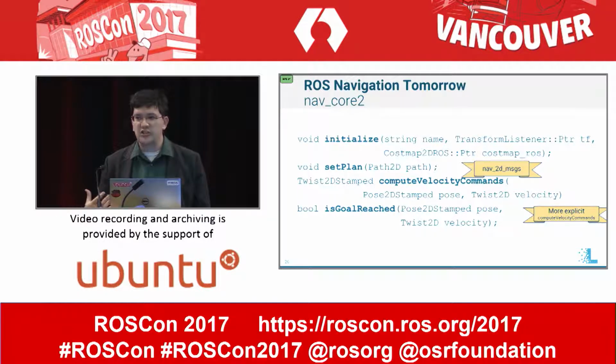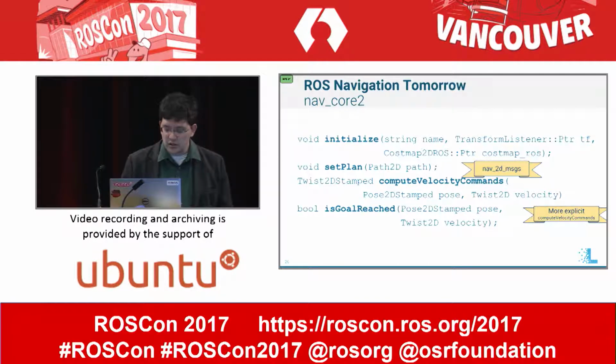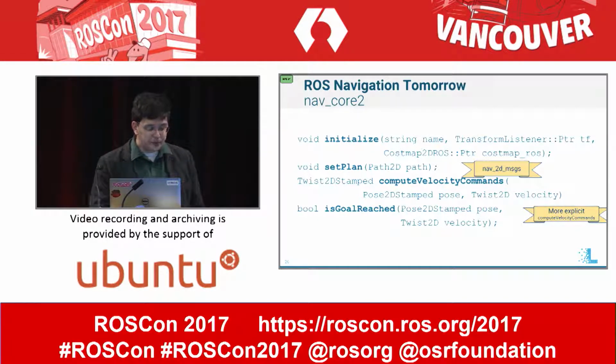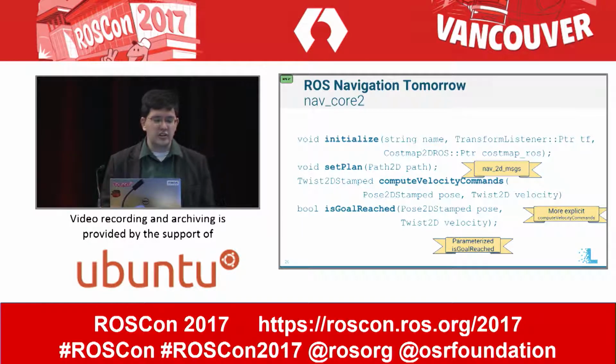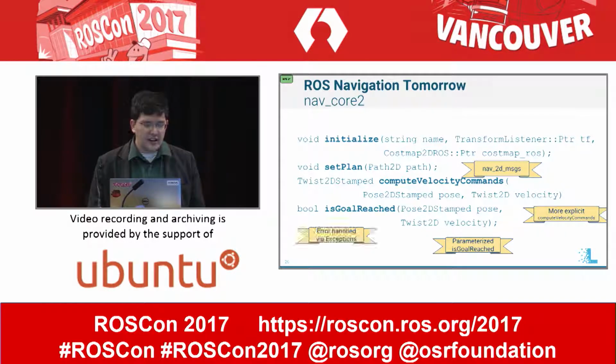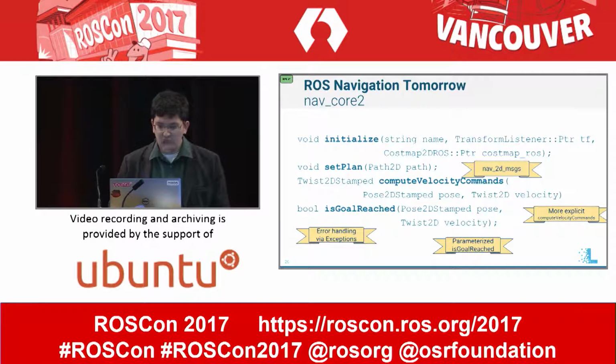And that makes it much easier to test all the different use cases that you might come across while looking at your planner. We have a more explicit version of the isGoalReached function. And then finally, we're doing error handling with exceptions as opposed to just returning a contextless bool, succeeded or didn't succeed.